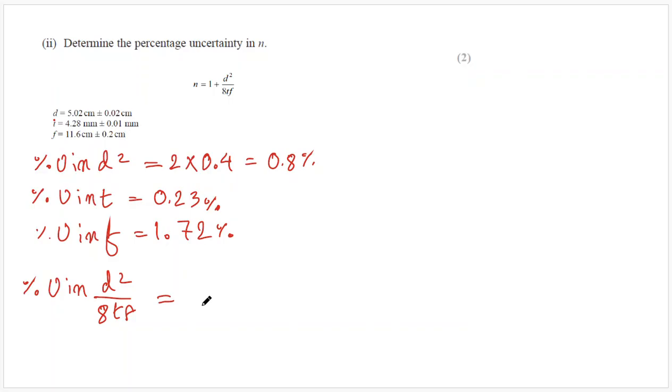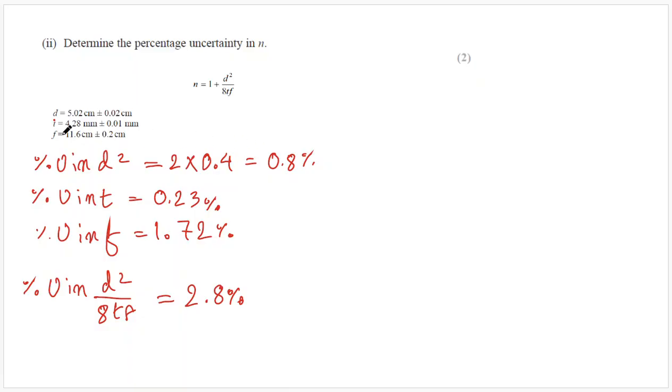So you just add up all of these values, 0.8 plus 0.23 plus 1.72, which gives you 2.75, or you can round it off to 2SF. That will give you 2.8%.